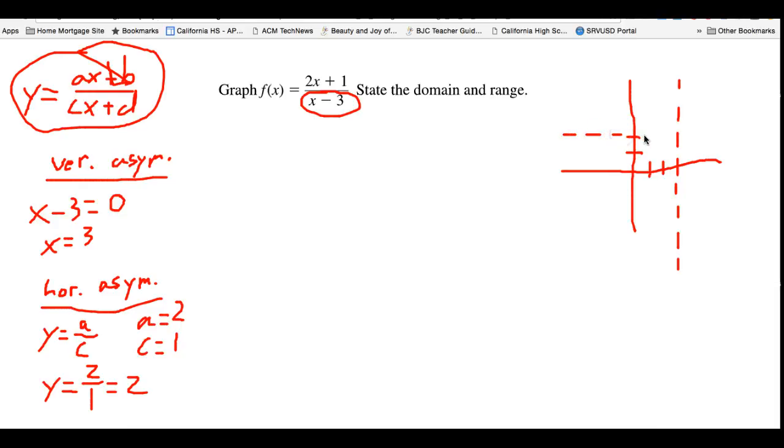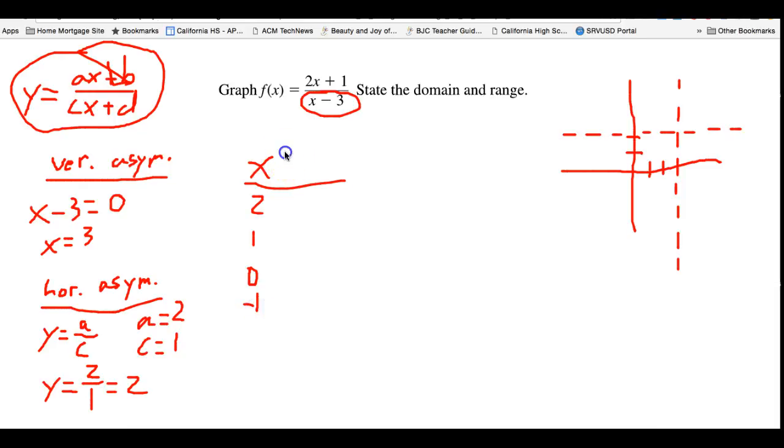So we're going to have our asymptotes look like this. Okay, so those are our two asymptotes. We've got our horizontal at y equals 2 and vertical at x equals 3. Now, to plot this, we're just going to take points to the left and to the right of our vertical asymptote. So if we were going to draw this, we would want to find points at, let's say, x equals 2 and 1 and 0 and negative 1.